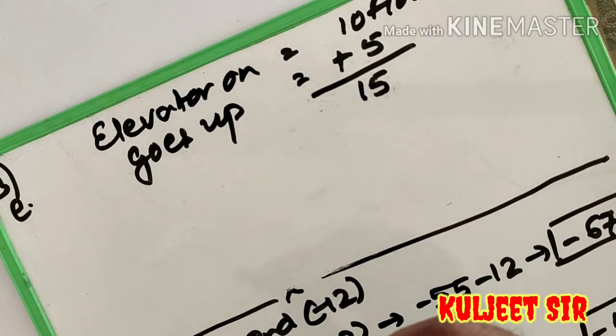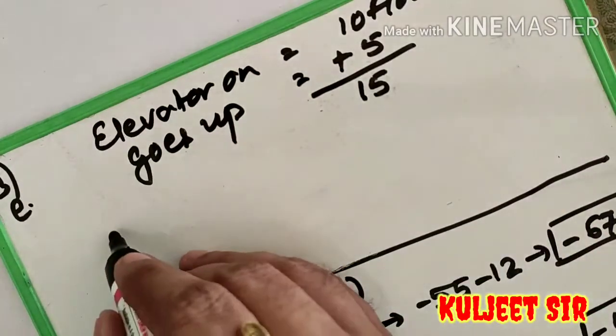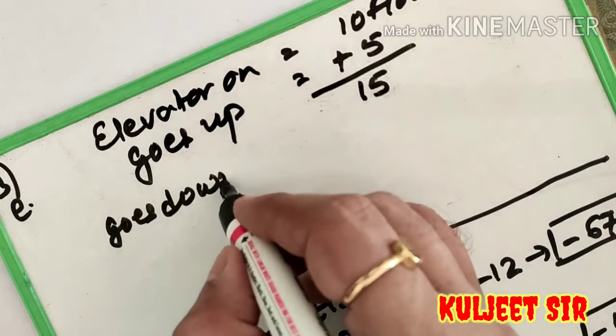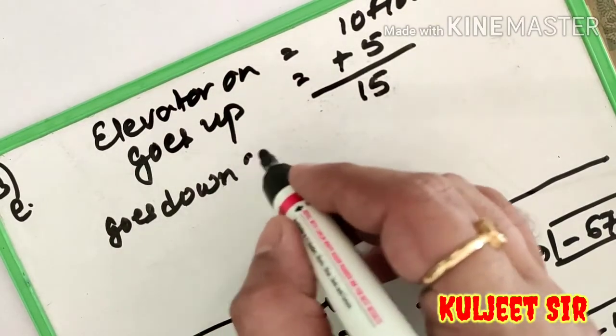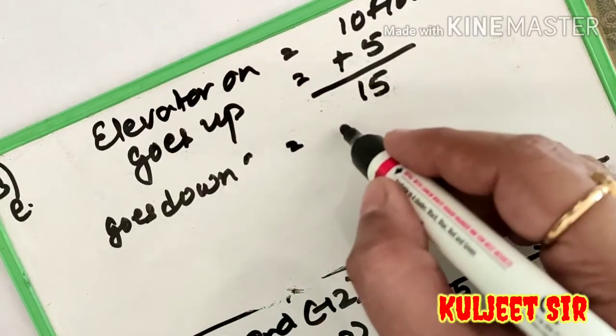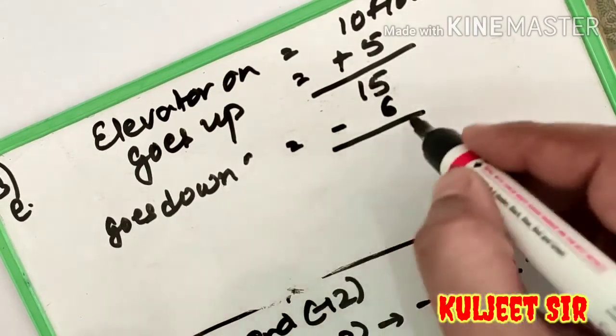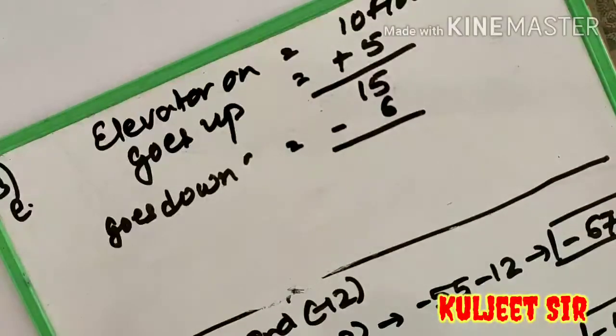But the question is yet not over. And then it goes down 6 floors. Goes down means you have to subtract. Goes down 6 floors, so down means minus 6. In order to get my final answer, what will I do?